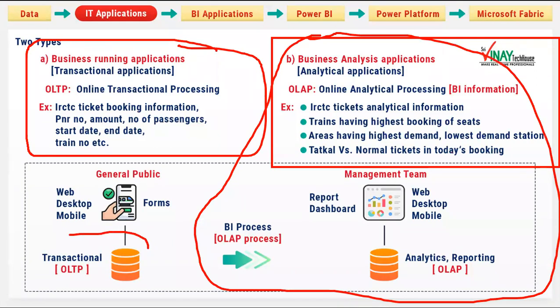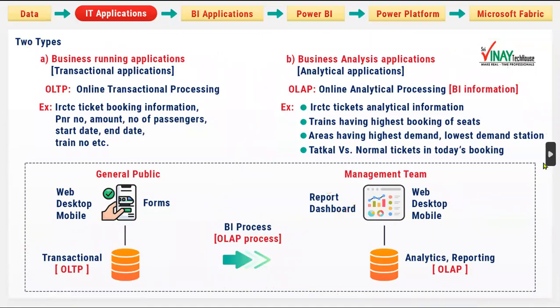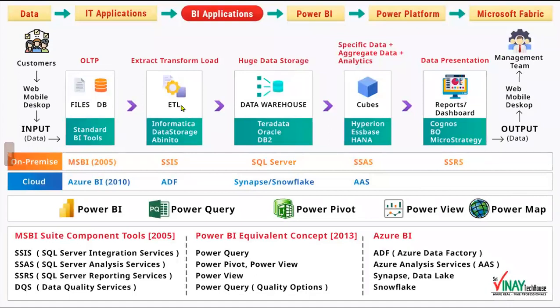You will take your daily business data, the company business data, implement the business intelligence process, and generate a report or dashboard, where the report or dashboard is accessible via web, via desktop, via mobile. Anyway, we can access it. I clearly explained this process last class. I'm not going to explain it again and confuse you.